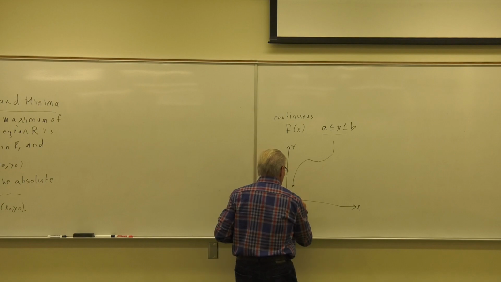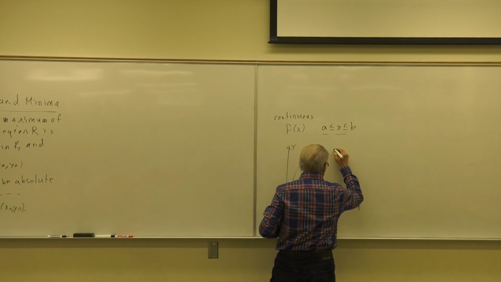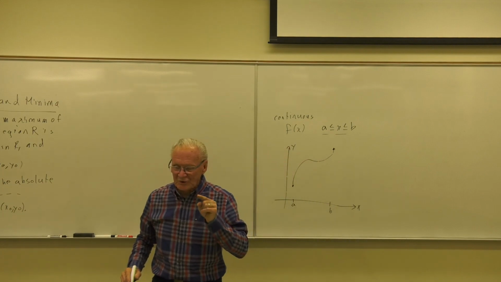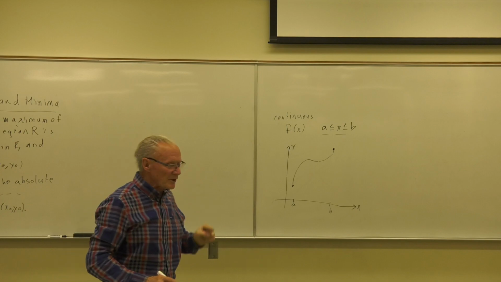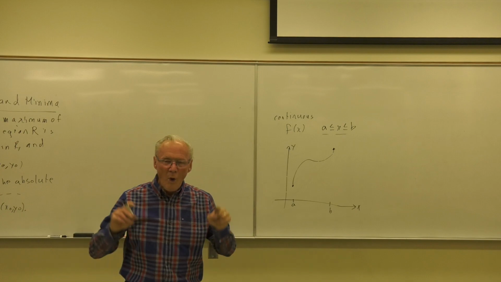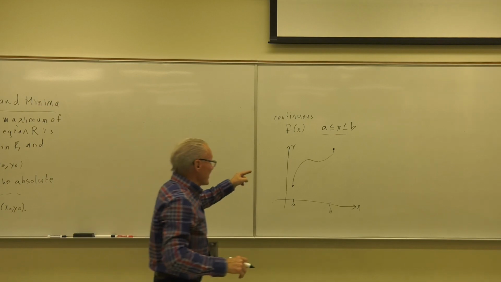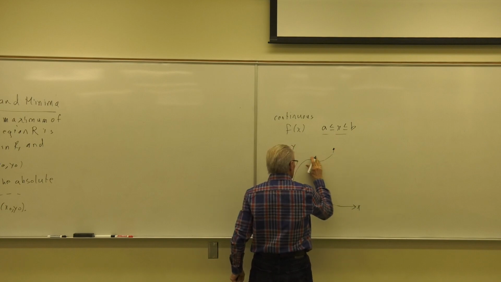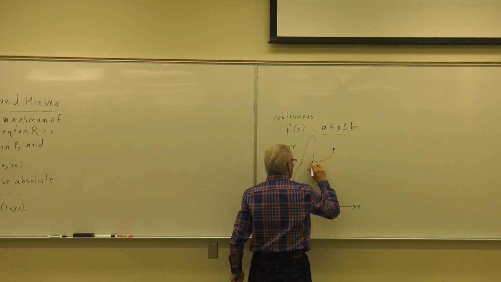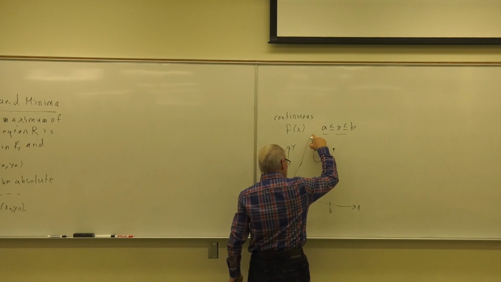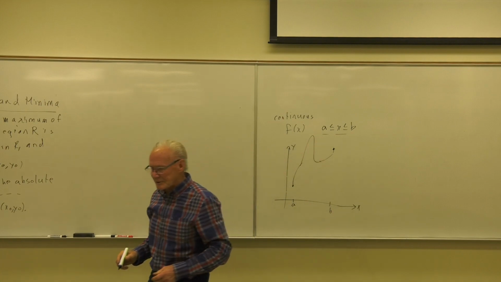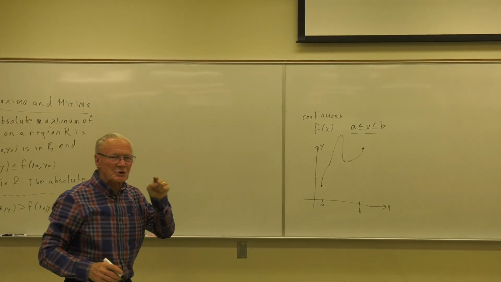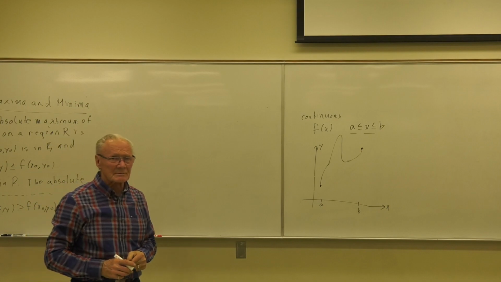So visualize this one as A and this one as B. The absolute max must occur either at a critical point in that interval or at one of the ends. So for this particular one, there's the absolute min and there's the absolute max. If I go like this, there's the absolute min and now there's the absolute max. But in all cases, with a continuous function, maxes and mins must occur at criticals or ends.